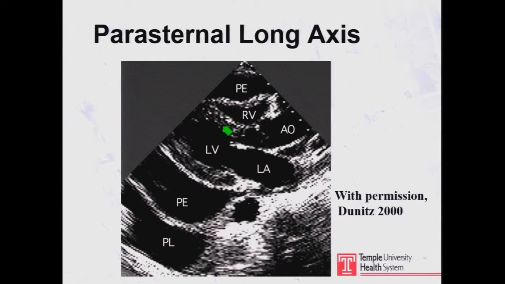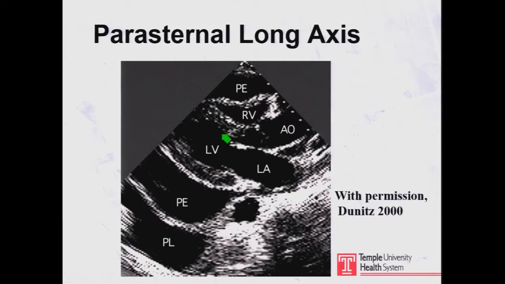For 2D, trailing edge to leading edge is just measuring at the border between the blood and the endocardium. So that's the trailing edge, because the other side of the measurement would be the leading edge.